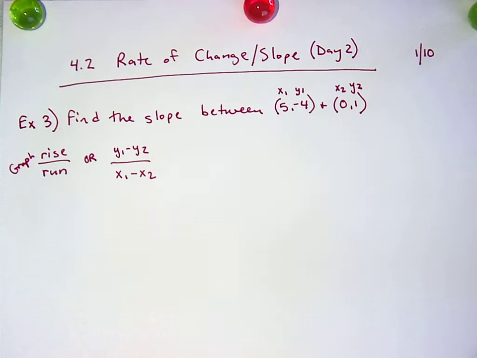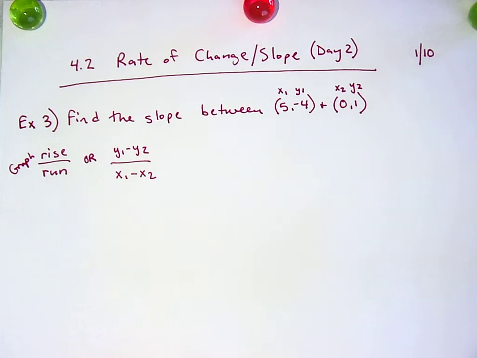When I did this, I got 40. Either way, it's negative 1. So you do this with the graph.